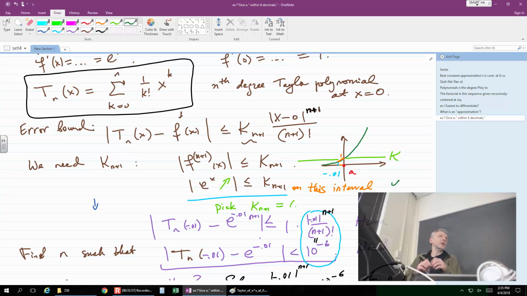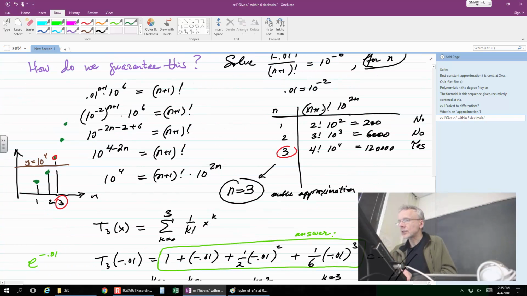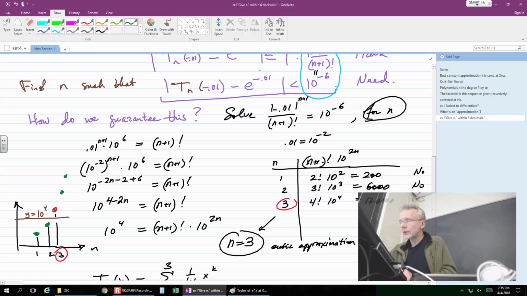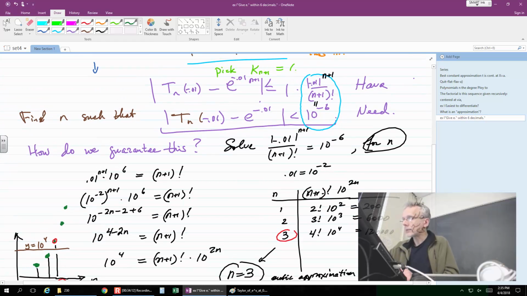As long as you know that, say, e is less than 3, you can use K n plus 1 equal to 3. And then what changes? Not a lot. The rest is once again the same. The only thing that changes is that I would have a 3 here somewhere. So it doesn't really look that bad, does it?